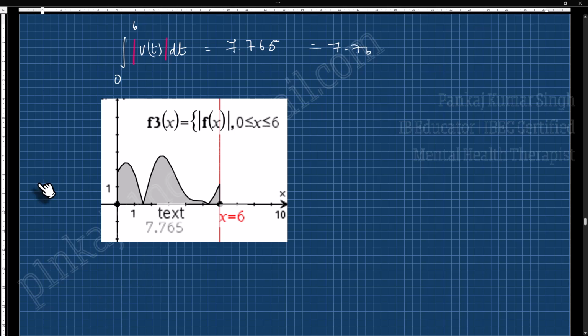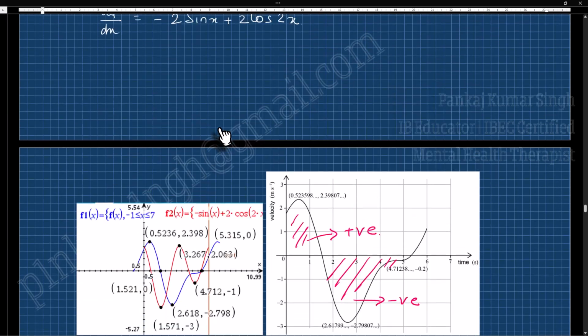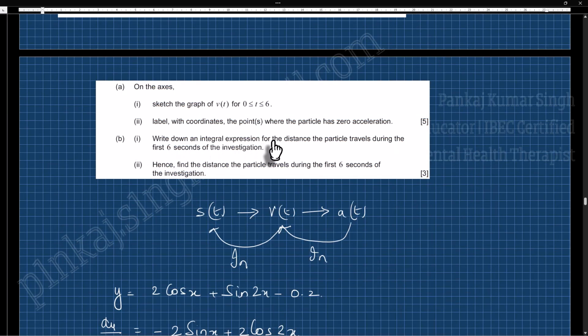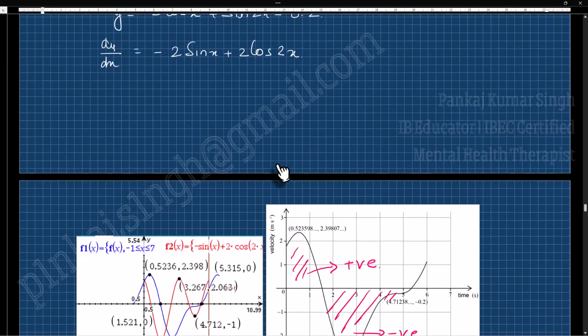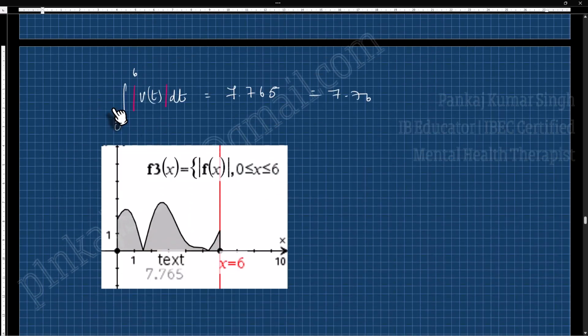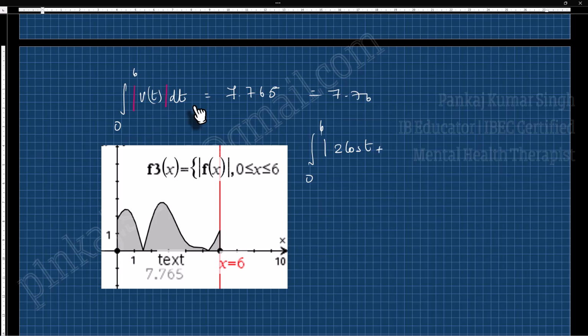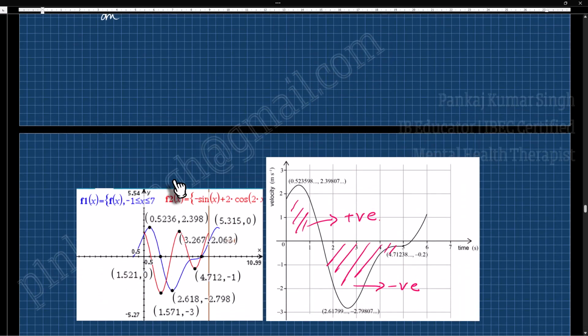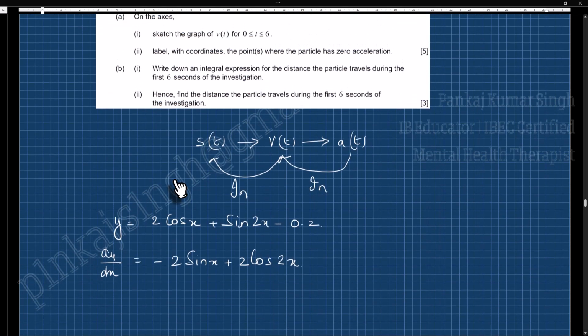All right, so you don't really need to integrate it and then give the answer for part bi. You don't need to do that. You just need to write this, right? Or you can list the entire function over here. Yeah, that is also fine. So that's 2 cos t plus sine 2t minus 0.2 dt. All right, so that's how you solve this question.